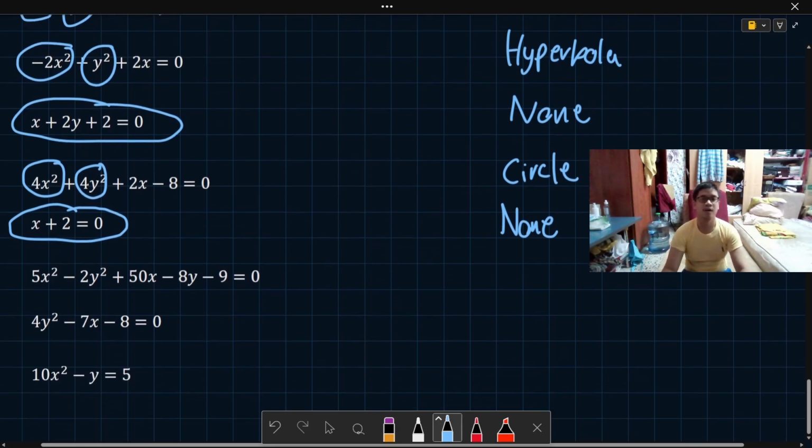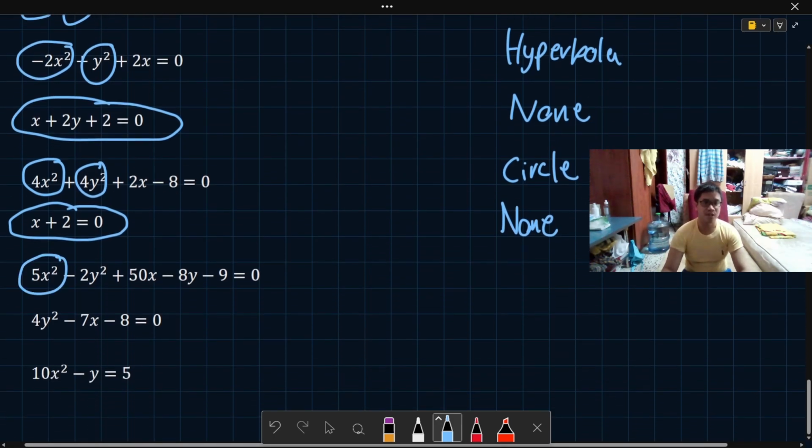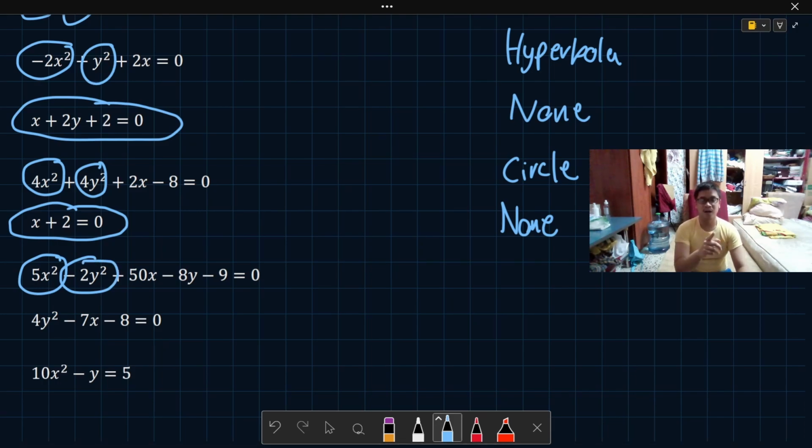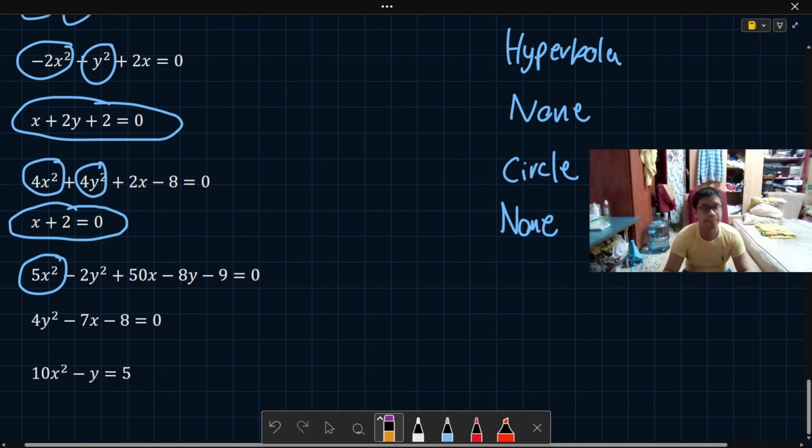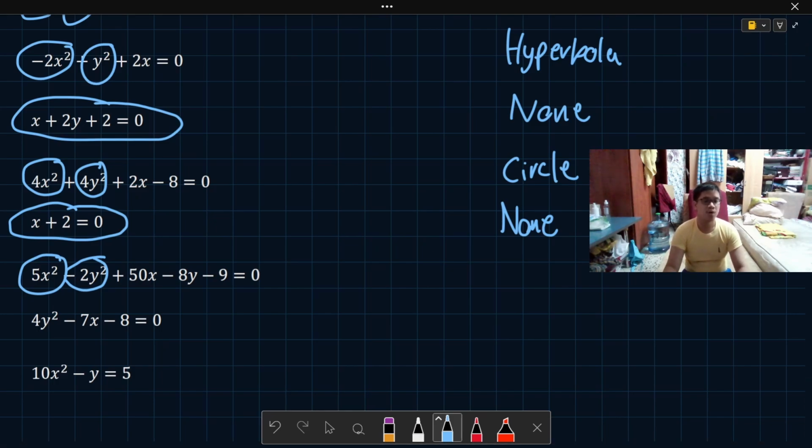That's fine. So here, we have 5x squared minus 2y squared. Now, despite that they have other terms, like 50x minus 8y minus 9, we will only focus on the x squared and y squared.